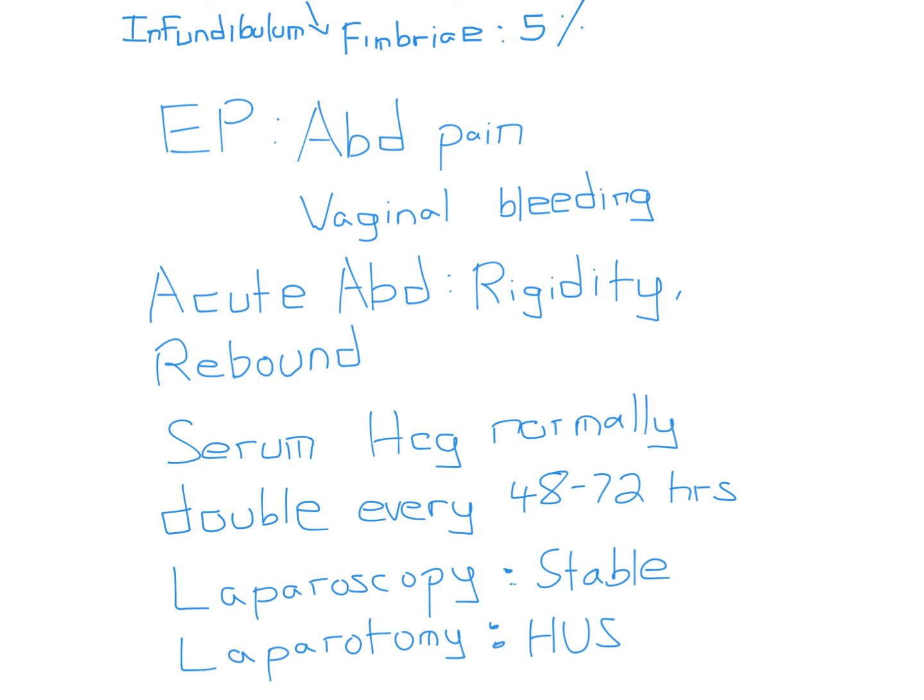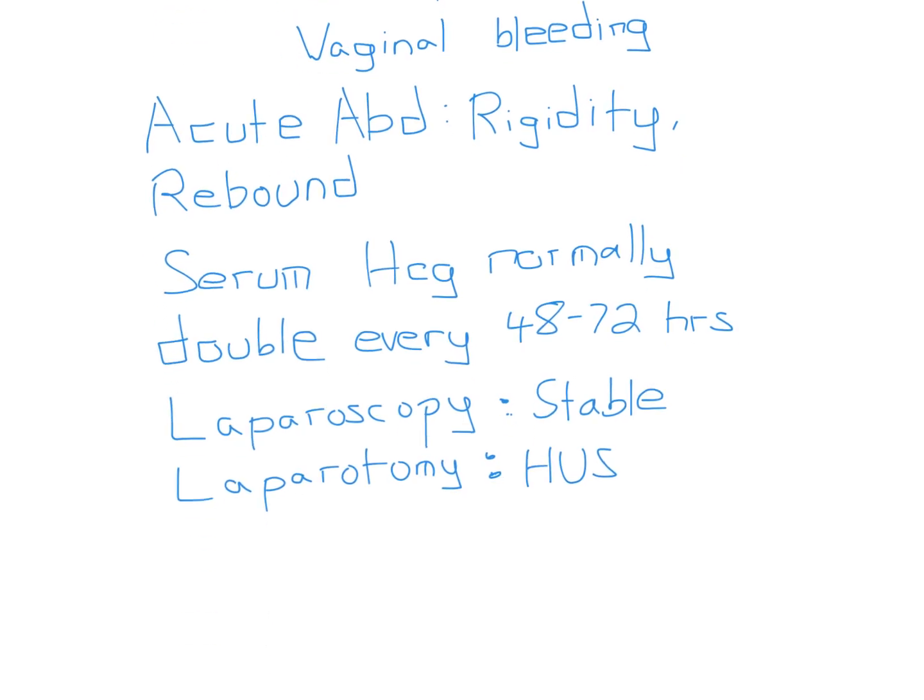And then that can tell you if their HCG is in the right ballpark where it needs to be, and that can also clue you in. And the final thing is the ultrasound can really clue you into that. And so the treatment for this is laparoscopy if the patient is stable. But if the patient's not stable, you have to do a laparotomy, which is more invasive. This just means hemodynamically unstable. And so that's ectopic pregnancy.